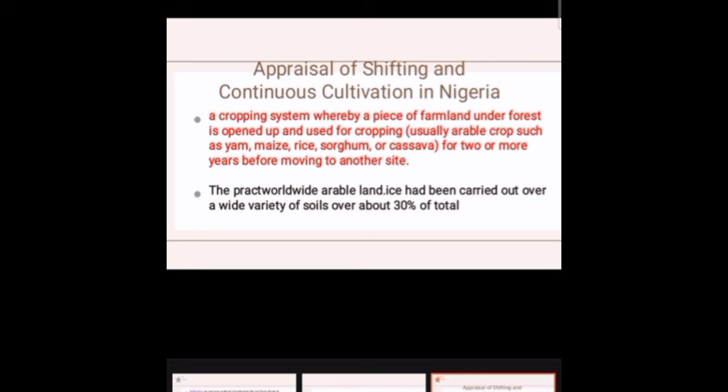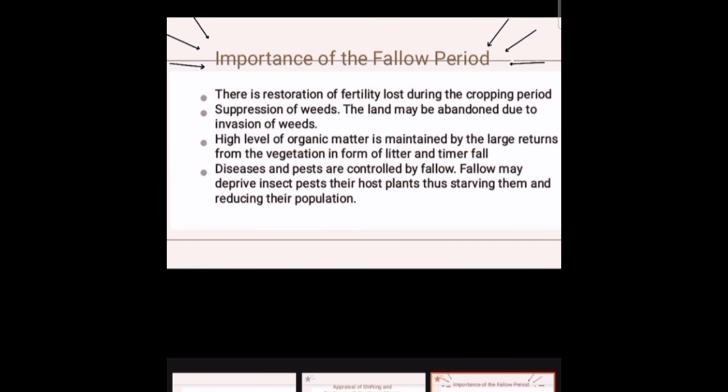Now, shifting cultivation is also a practice that has been carried out over a wide variety of soils, over 30% of total worldwide arable land. Now we have the importance of the fallow period.